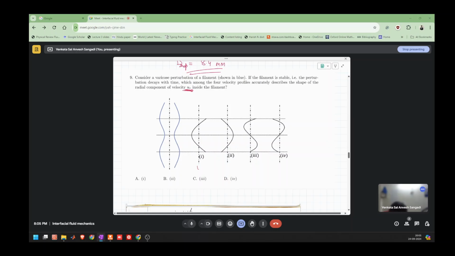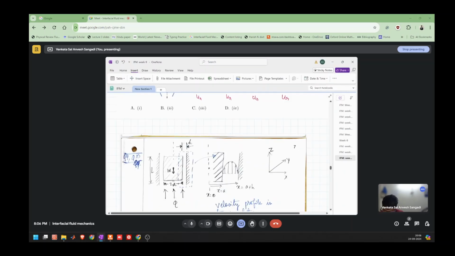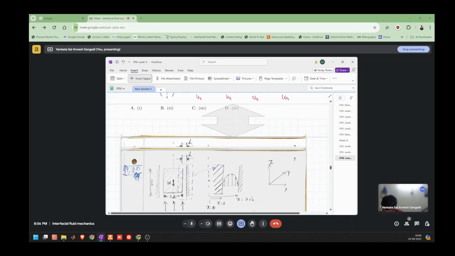These are plots of UR. So we have the radial component UR. First let us get some space.